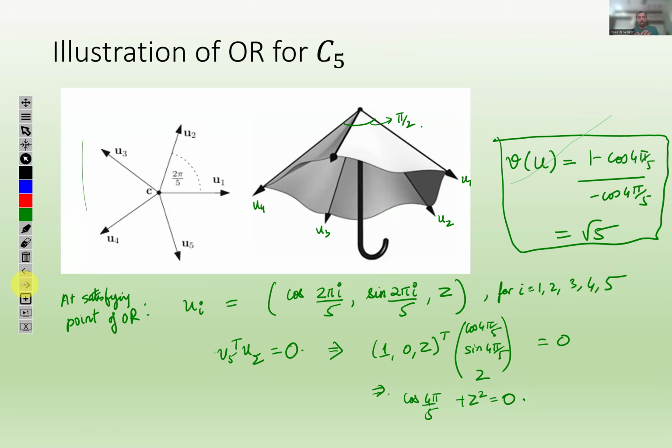You start off with all the spokes completely open, and then you open it out until the vectors that you need to be orthogonal are actually orthogonal. For instance, you would want U1 to be orthogonal to U3 and U4, and you'll see that you can always fold the umbrella out to a certain angle such that this happens. We had given the coordinates for this and verified that it has a value of square root 5.